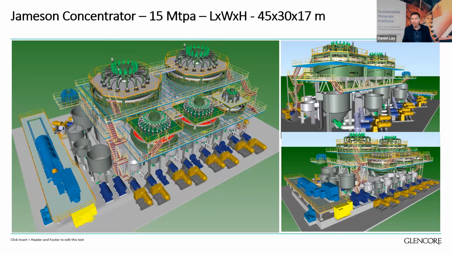The regrind mill is located alongside the flotation cells, resulting in a very tight footprint of just 30 by 45 meters. Height is restricted to 17 meters, which is particularly significant, given that you don't need a crane to remove any agitator mechanisms, which would normally add significantly to the building height. This is also particularly relevant for cold weather areas where plants are typically enclosed in buildings.